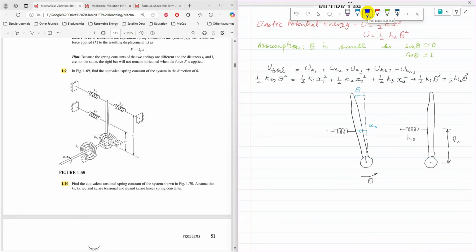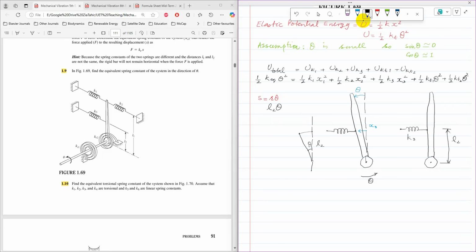We need to find x3 in terms of theta. When the rod moves towards the left, using the basic expression s equals r theta, this displacement can be approximated as simply L2 theta, though the actual displacement is a curve.